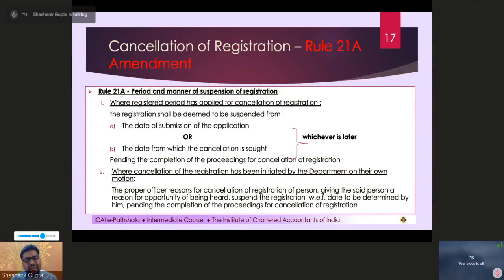So basically the assessee can sit quietly, nothing to be done, and of course when the department is satisfied and they issue a cancellation, then the final cancellation will be awarded. If for any reason the department is not satisfied and they do not award cancellation, then there will be a liability for this entire period.